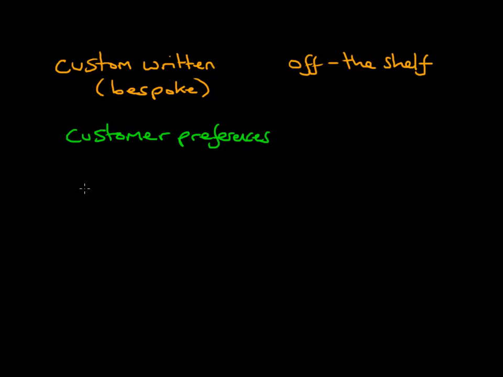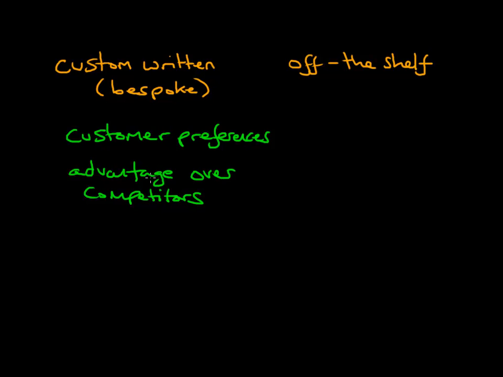Another advantage of having custom written software for your business or for yourself is if you're competing with other companies, then if you have software which is better than their company has, then you have an advantage over your competitors. And so these are the two main things which are better about custom written software.